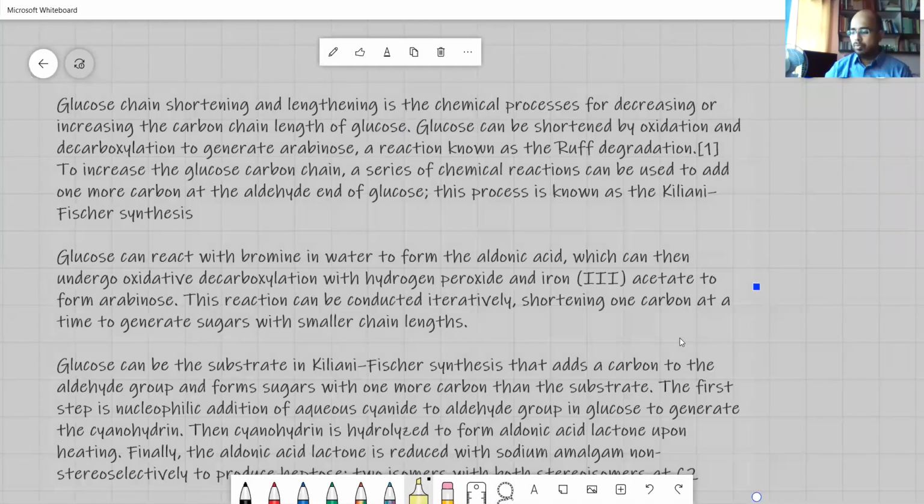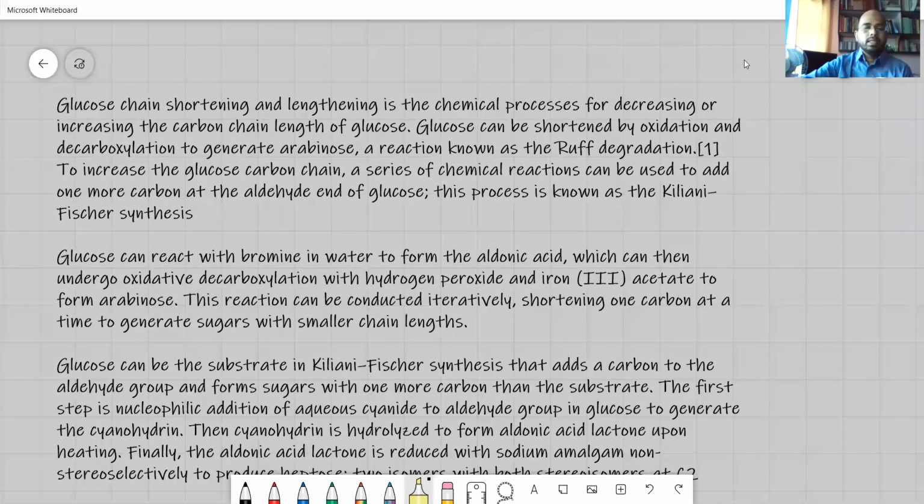I think you can see now the glucose chain lengthening and chain shortening.